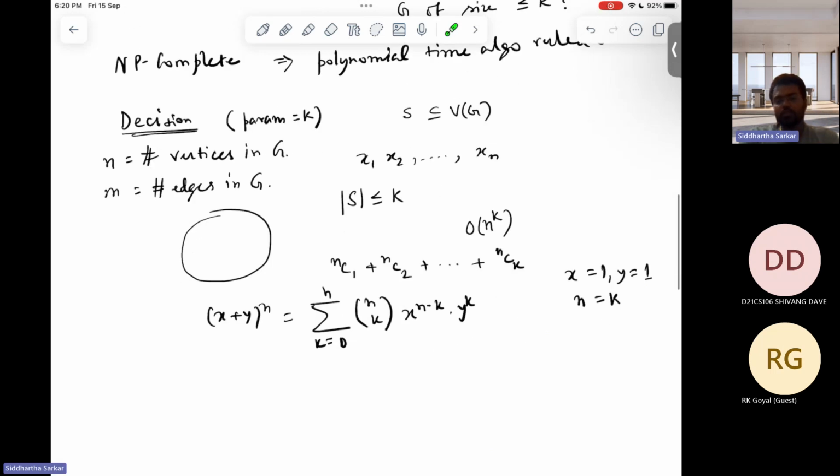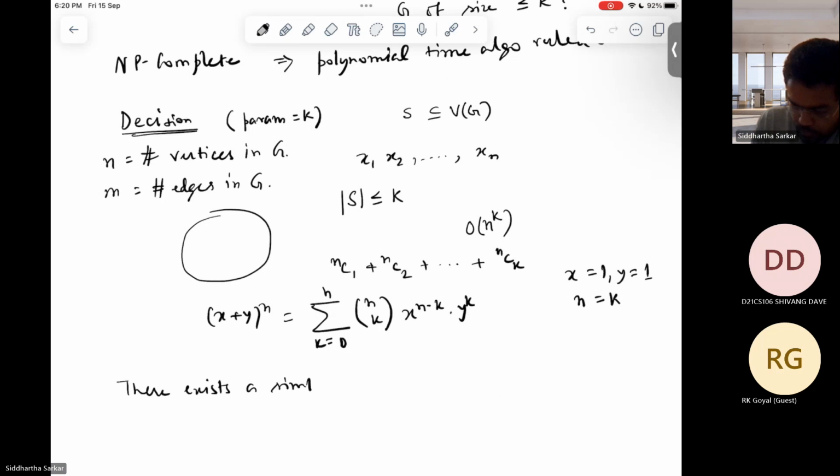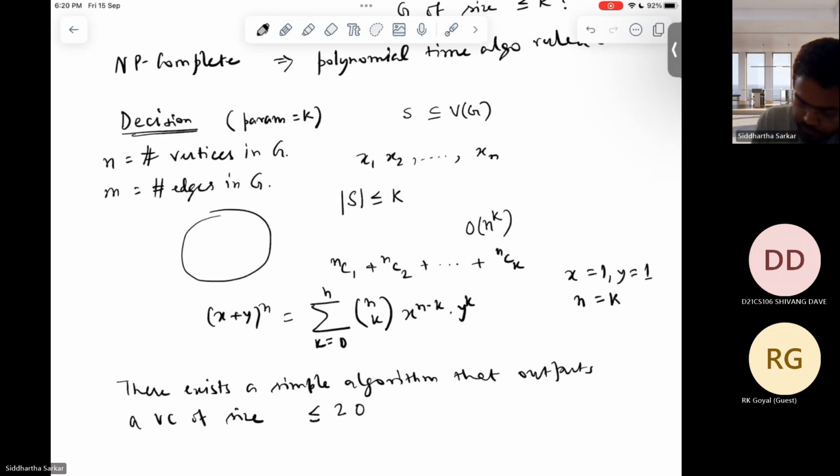Then there exists a very simple algorithm that outputs a vertex cover of size at most 2 OPT, where OPT is the size of the minimum vertex cover.